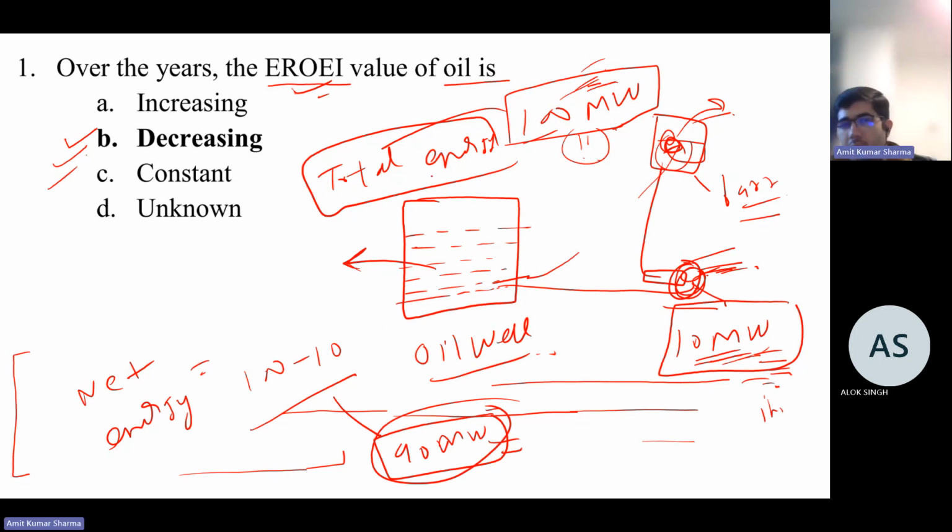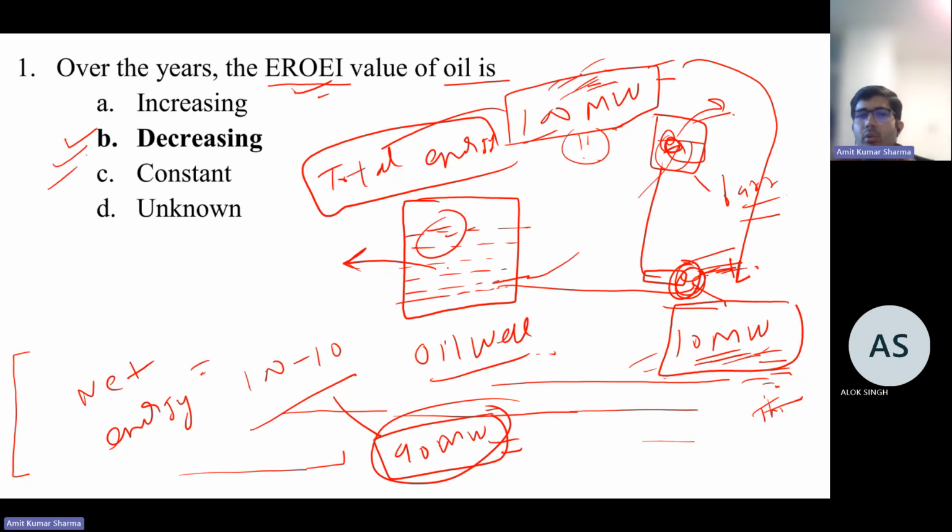If you want this 100 megawatt, then compulsorily you have to invest 10 megawatt. But again, the question is, from where will this 10 megawatt come? You have only this source of energy, so this 10 megawatt will come from this 100 megawatt only.